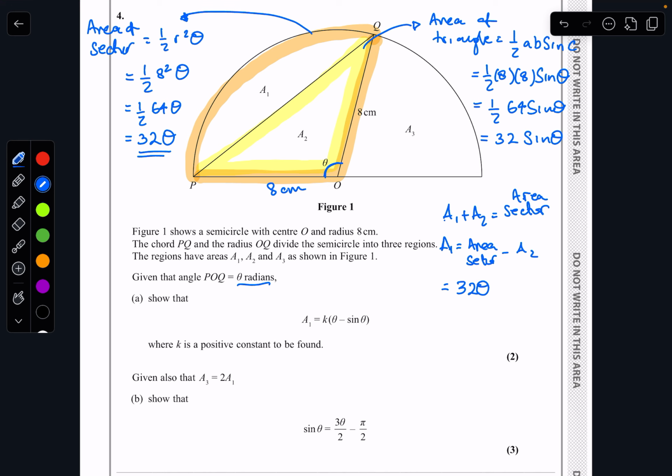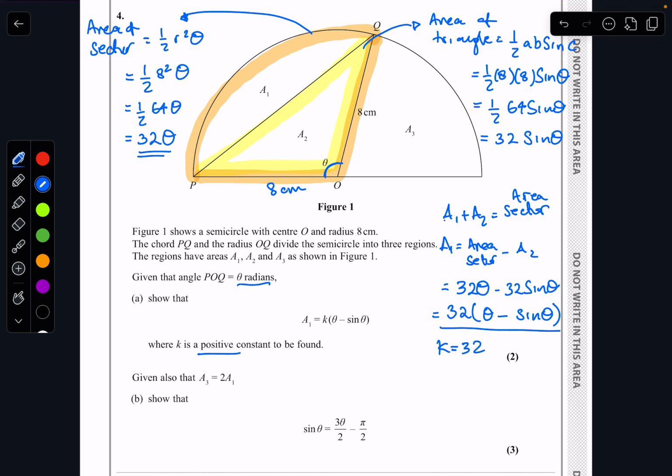The area of the triangle, which is A2, is equivalent to 32 sine theta. So we're subtracting that. From here, we can take out a factor of 32. If you take a factor of 32 out, you're left with theta minus sine theta. And therefore, that will be my final answer in this case. Okay, that's your part A done and dusted. And therefore, my K is equal to 32, and we can see that's a positive constant.